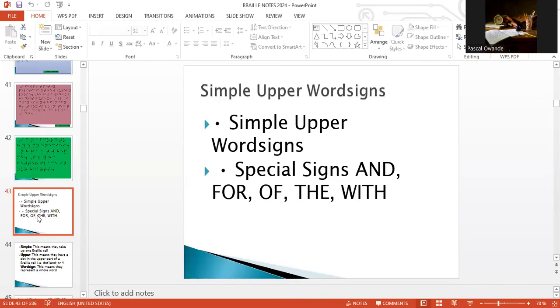Remember that and, for, the, with, they both serve as simple upper word signs, and they are also special word signs.